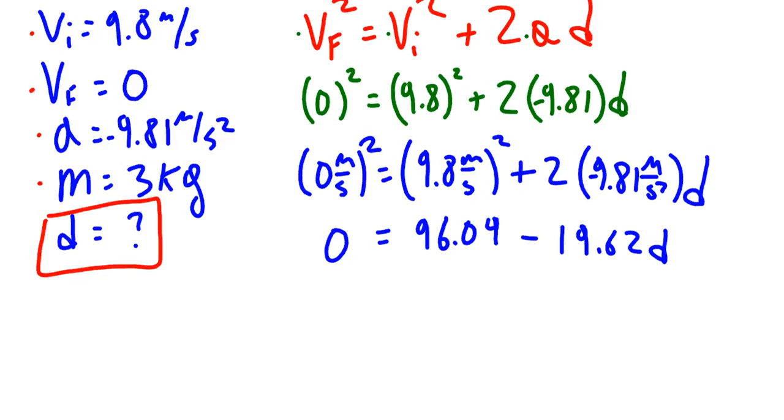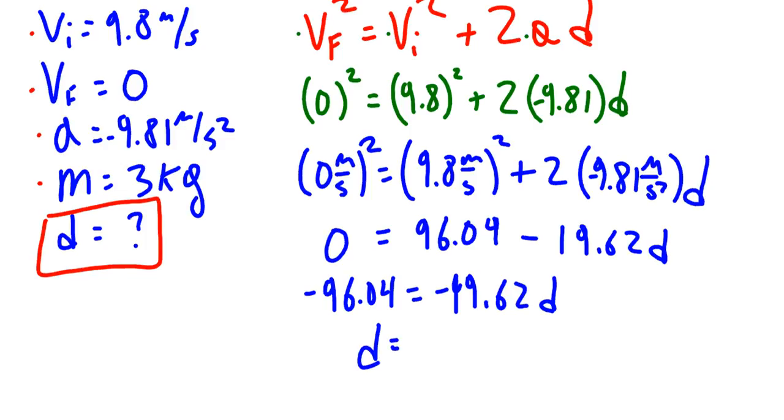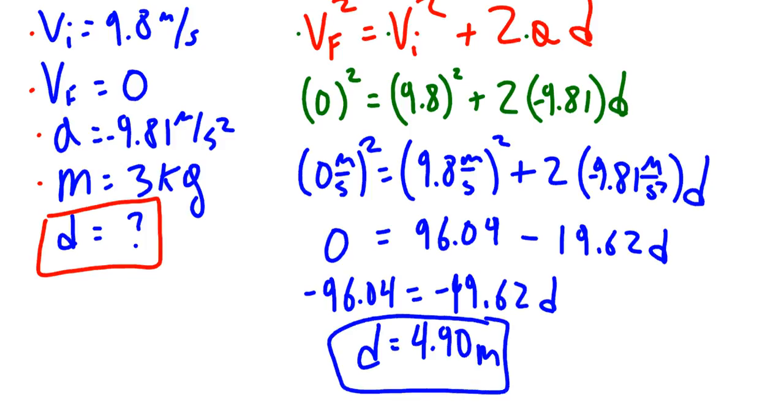So I go ahead and solve for distance. So I subtract over the 96.04. So I get negative 96.04 equals negative 19.62d. And then solving for the distance, I just simply divide, and I get distance is 4.90 meters. And there's my solution, my maximum height.